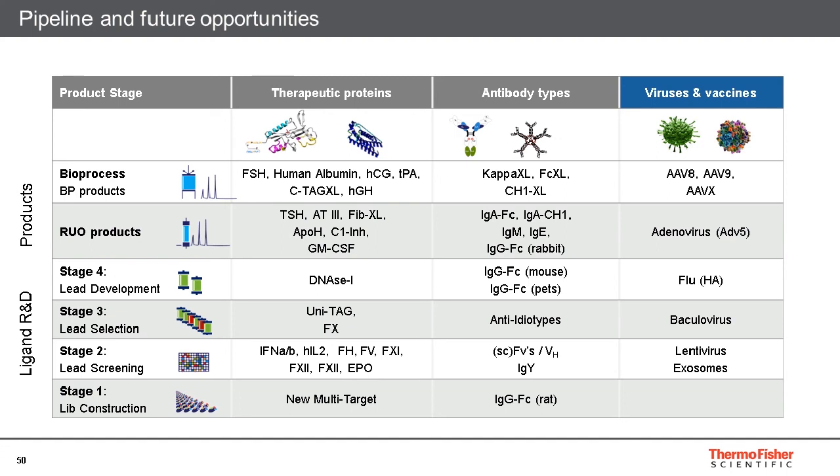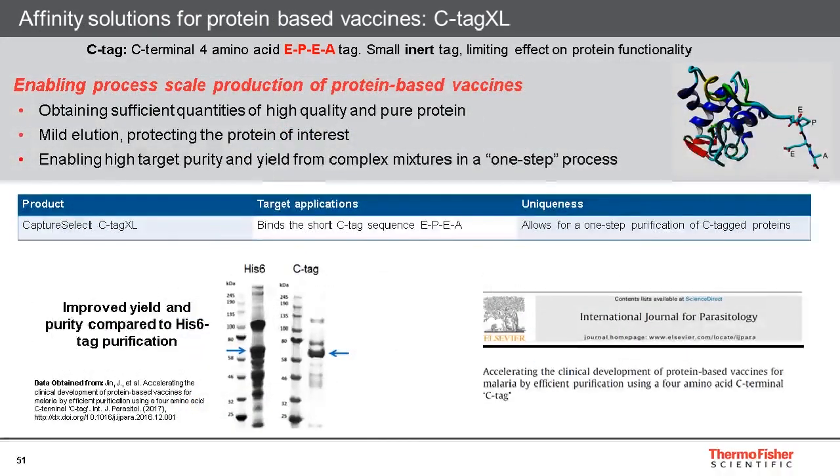And this is a slide about the latest biologics on which we've been working, and as you can see on the right hand side in the viruses and the vaccine area, there's a number of targets for which either ligands or affinity resins are already available, depending on the application.